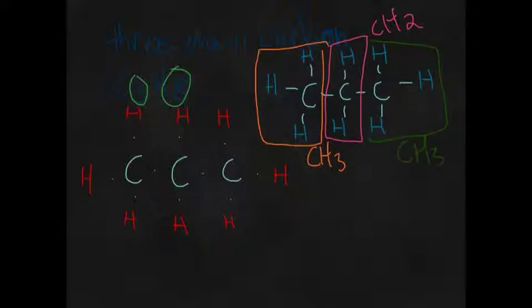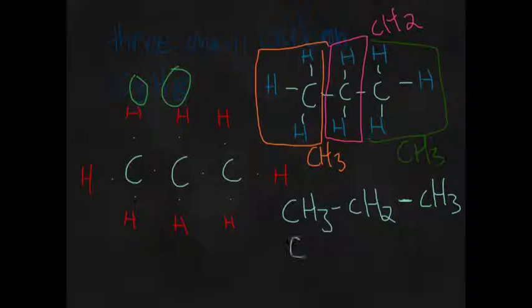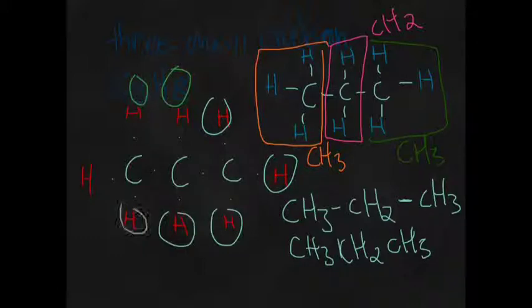And so further on you might see it being written as CH3 dash CH2 dash CH3. Also, it can be written as just CH3 CH2 CH3. A much simpler way than writing all these hydrogens around and putting in the valence electrons and doing all that.